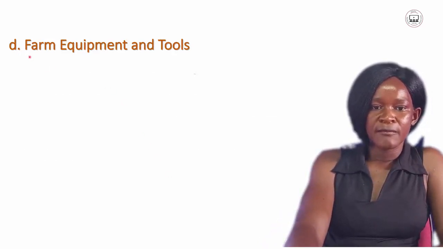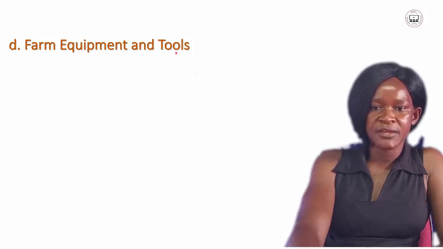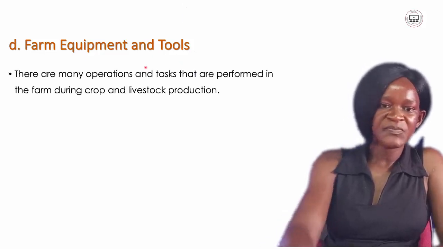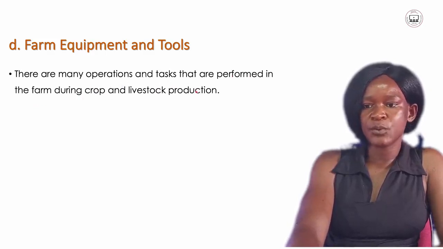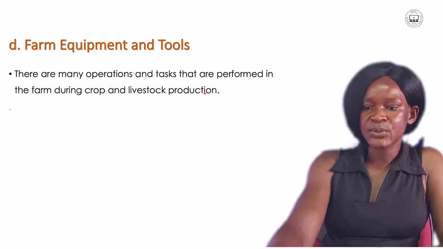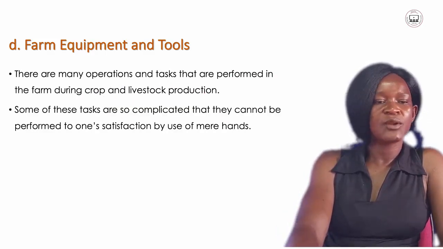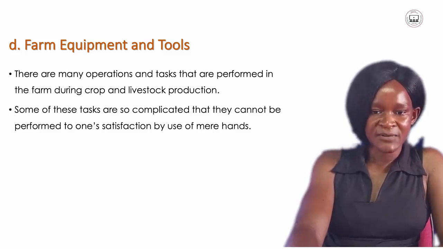Then category number 4 is farm equipment and tools. There are many operational tasks that are performed in the farm during crop and livestock production. Some of these tasks are so complicated that they cannot be performed to one's satisfaction by mere hands.